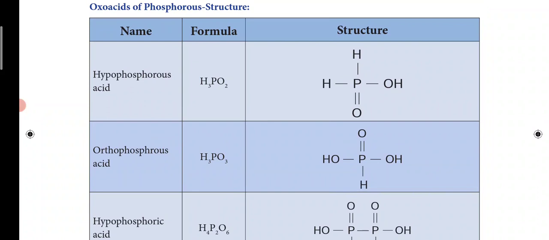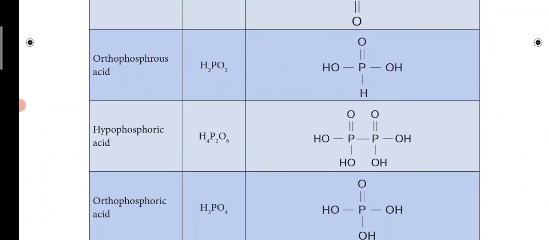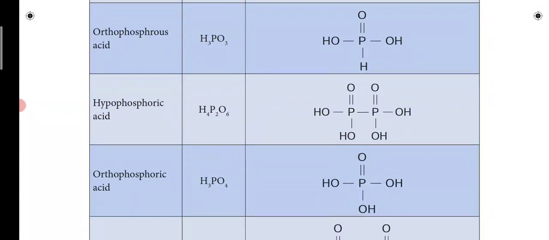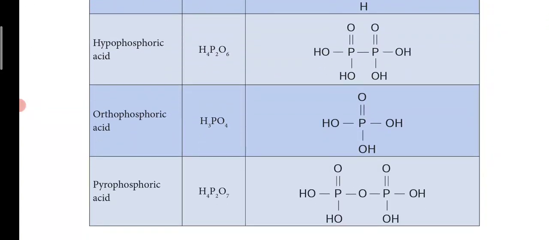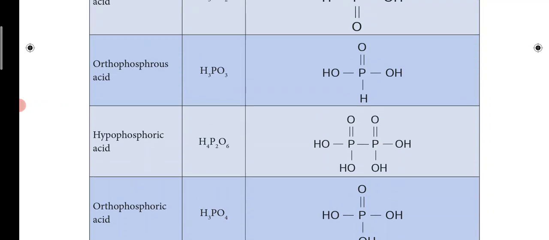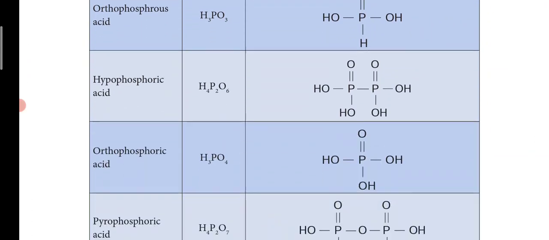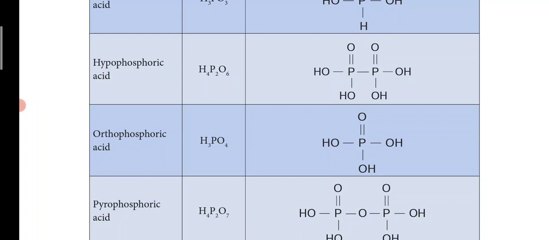Today we are going to see the oxoacids of phosphorus, that is, the structures of the oxoacids of phosphorus. Here we have 5 structures: hypophosphorus acid H3PO2, orthophosphorus acid H3PO3, hypophosphoric acid H4P2O6, orthophosphoric acid H3PO4, and pyrophosphoric acid H4P2O7.